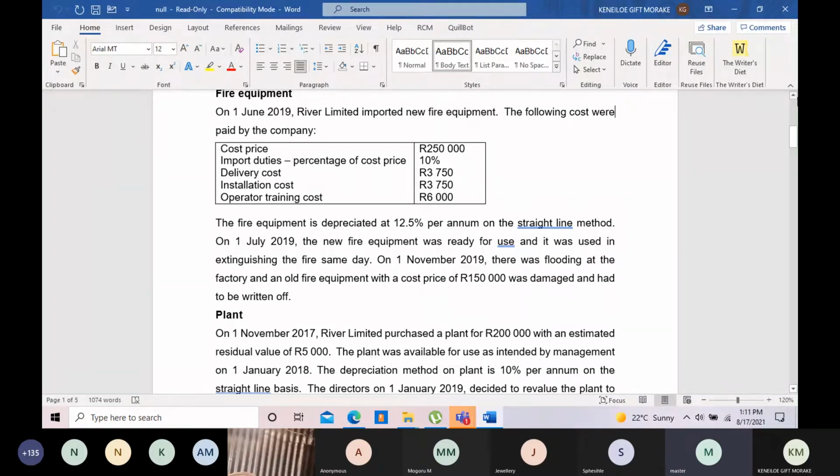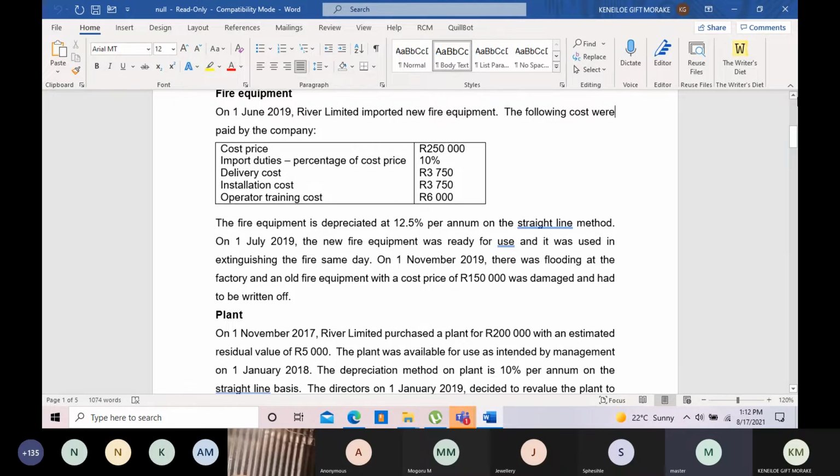Now let me try to focus on the additional information for fire equipment there. The fire equipment is depreciated at 12.5%. Let me try to be slow. The fire equipment is depreciated at 12.5% per annum on straight line method. Now you know that to calculate depreciation for fire equipment, you need to use the cost price, not the carrying value this time, because the method is straight line method now.